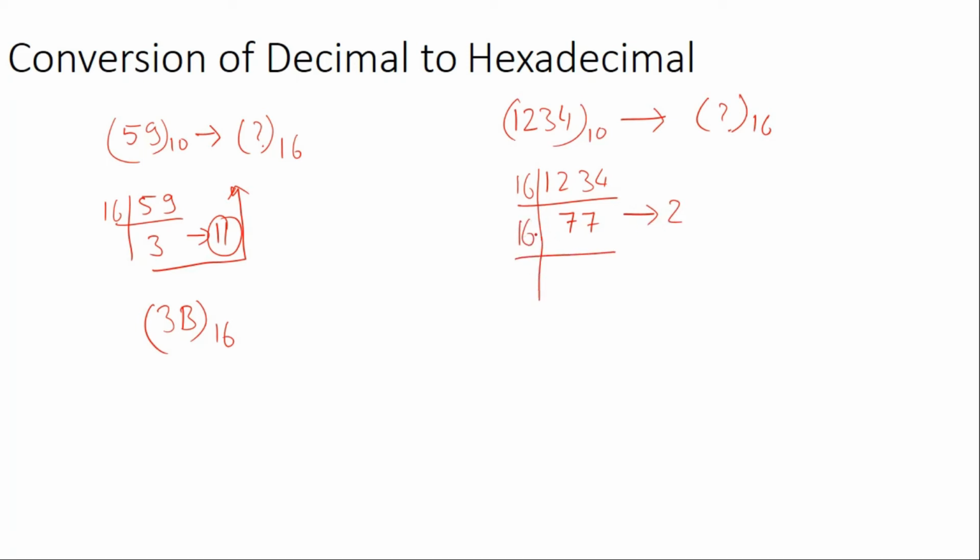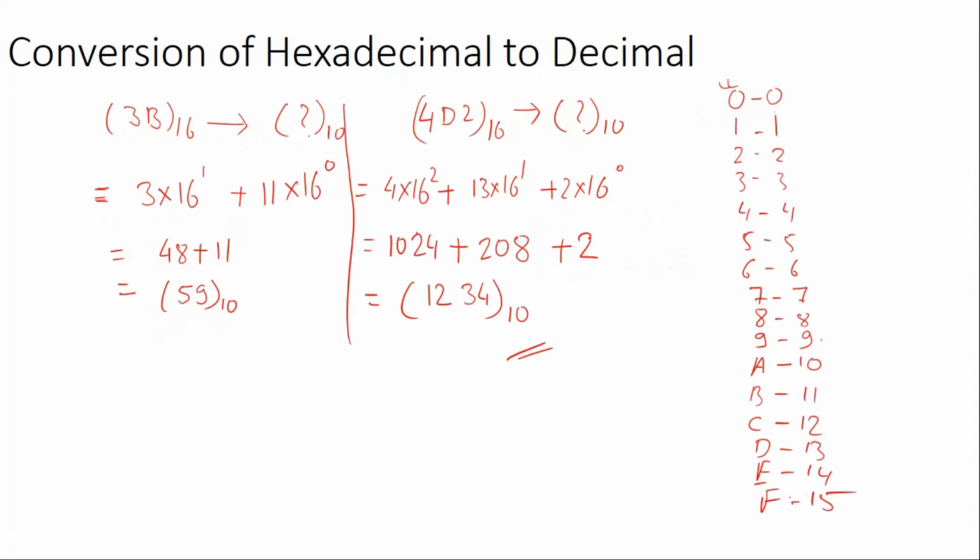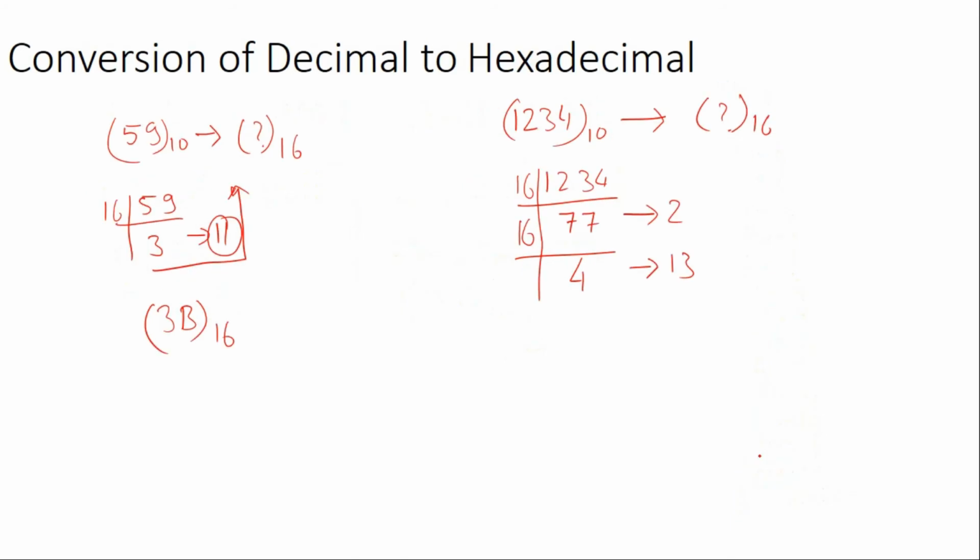Again we will divide by 16, 16 times 4 is 64, and remainder will be 13. If we get a remainder of 10 or more, up to 15, we will write the hexadecimal notation. Here we are getting 13, and earlier we got 11, so we wrote B. So we have to write in this way. We will write 4, and for 13 the hexadecimal value is D, base 16.